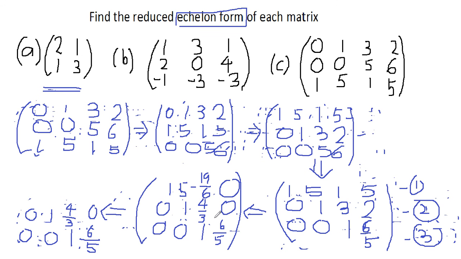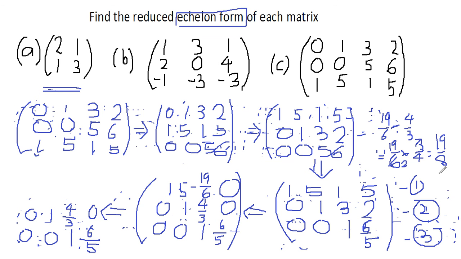Let's do our working first. 19 over 6 divided by 4 over 3 will give me 19 over 6 times 3 over 4, equals 19 over 8.